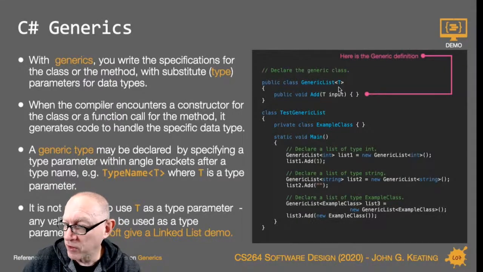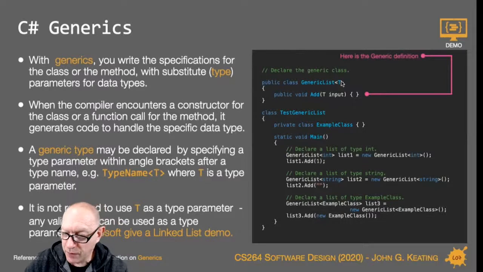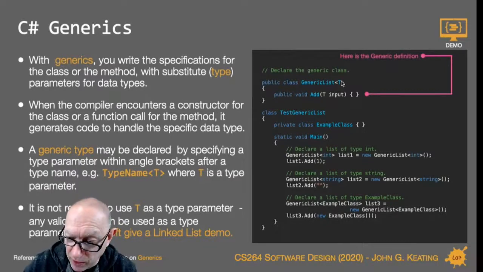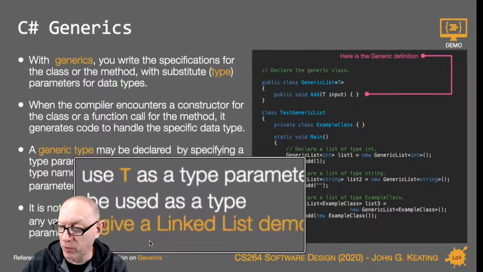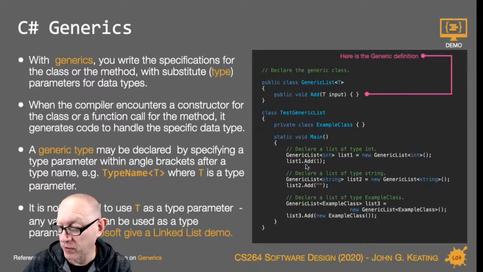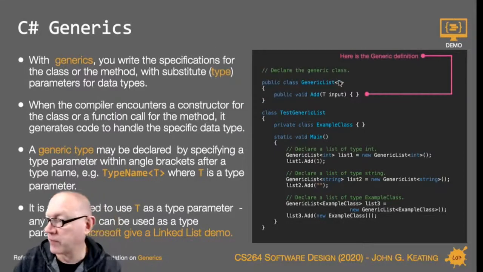And you don't have to use T, okay? It's whatever's inside these brackets. You could call it bananas if you want, it doesn't matter. It's not required to use T, but you see it a lot. Any valid name can be used as a type parameter. And then Microsoft have given a really nice linked list demo, for example, where you can click through, where they don't use T at all, so that's fine.